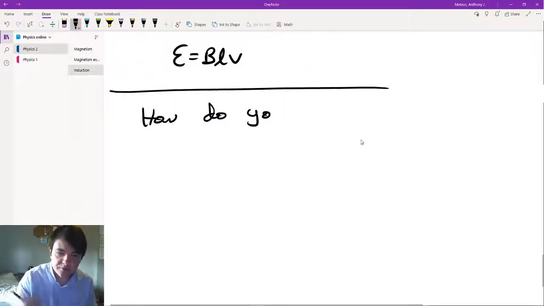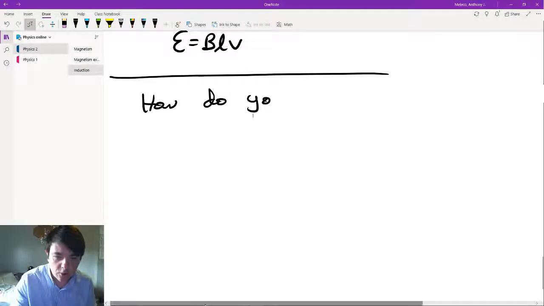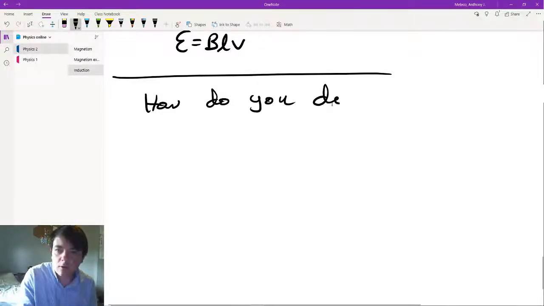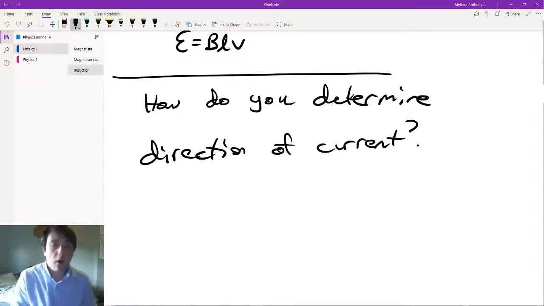So field plus direction, in this case, current plus direction. So how do you determine the direction of current?